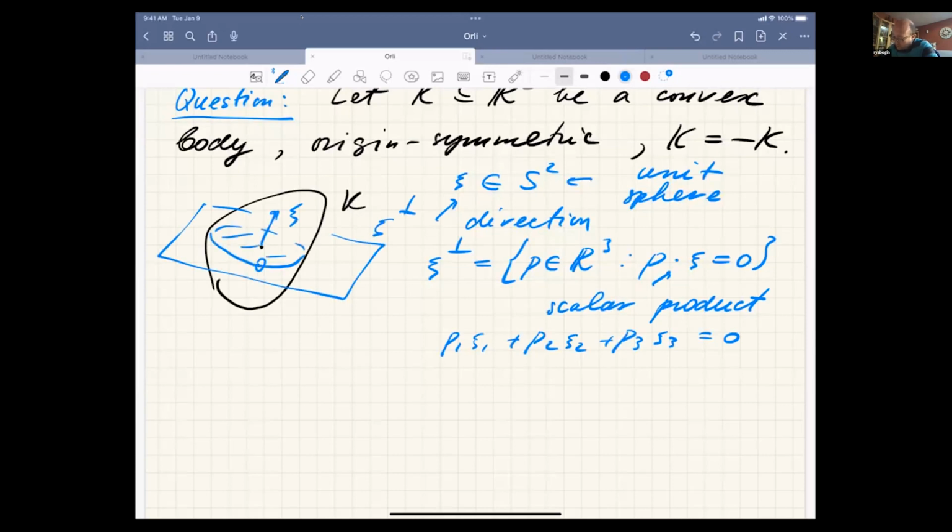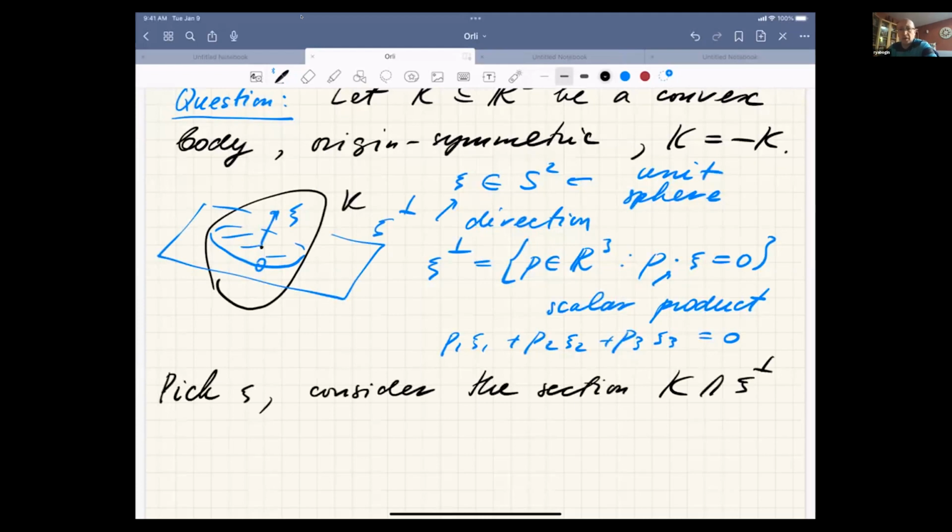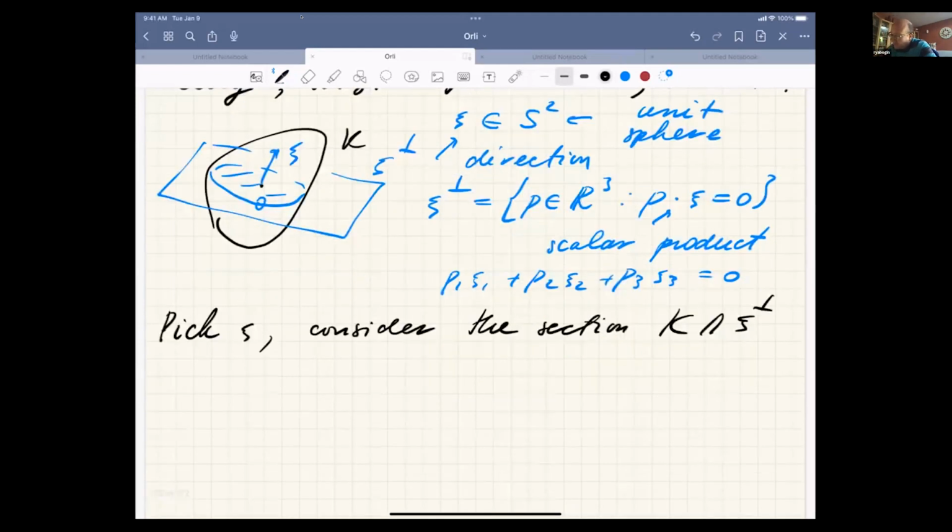So we pick psi and consider the section, the intersection K with psi perp. And we are given the following property. Assume that this section has a symmetry of a square.